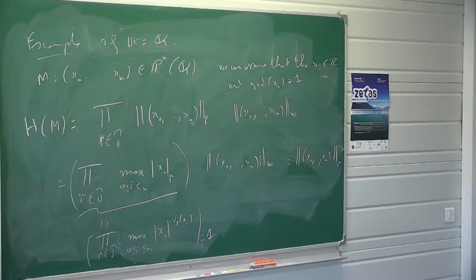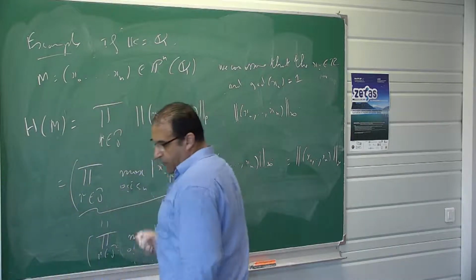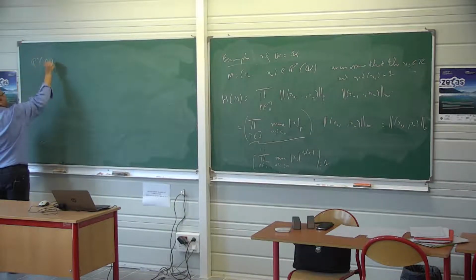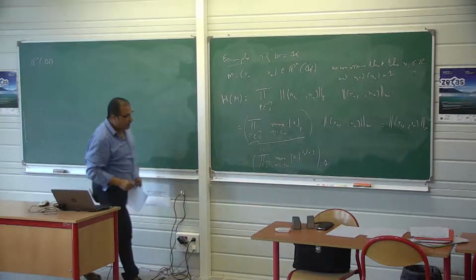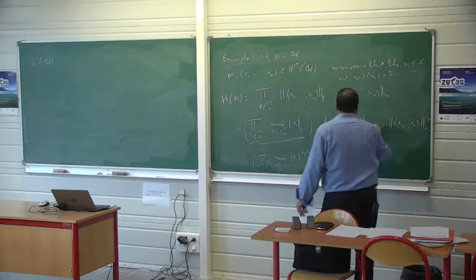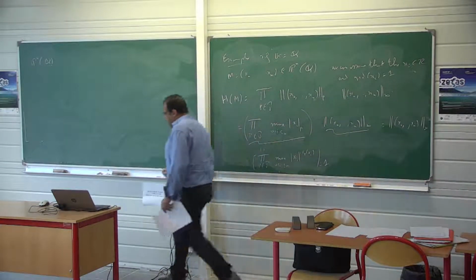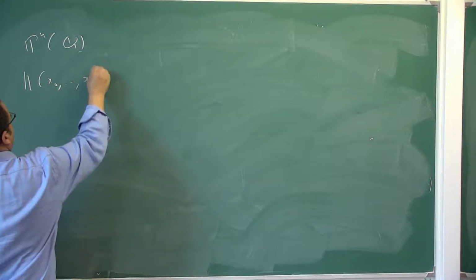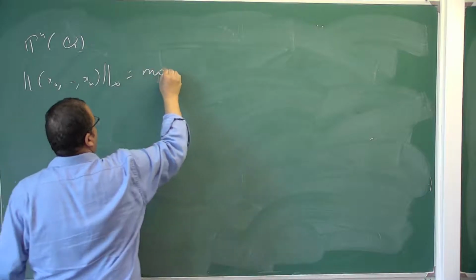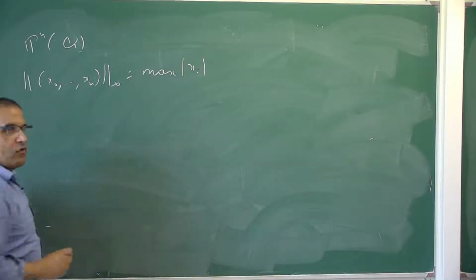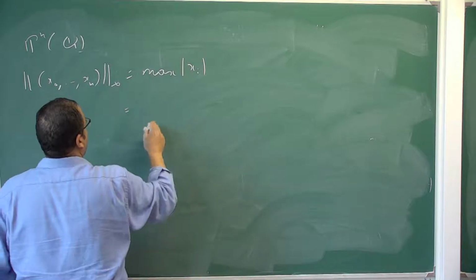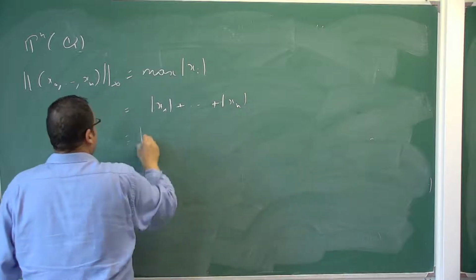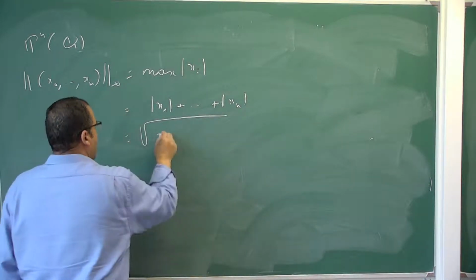So, for example, in P^n(Q), by using this notation, you can choose any definition for this. The usual one is the maximum of |x_i|, and you can also choose this one. You can choose also the Euclidean one.